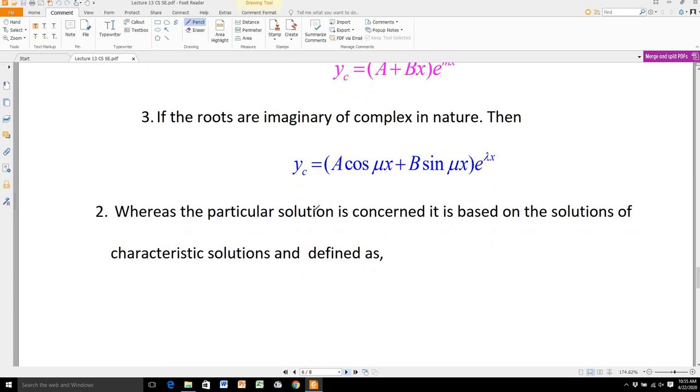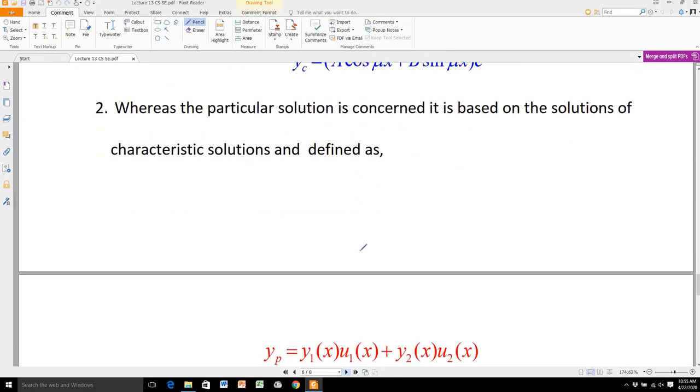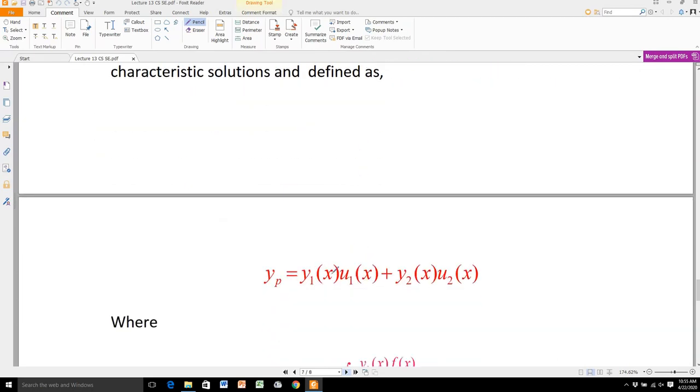Number two, whereas the particular solution is concerned, it is based on the solutions of the characteristic solution and defined as yp is equal to y1(x) u1(x) plus y2(x) u2(x). These y1 and y2 are the solutions that we obtained from the second order linear differential equation.